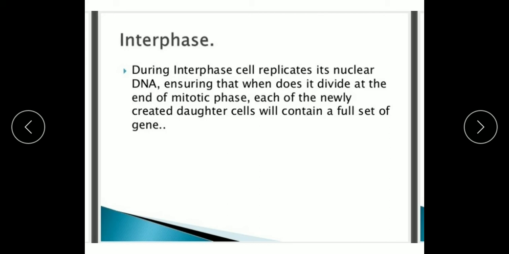Newly formed daughter cells have the full set of chromosomes or genes.